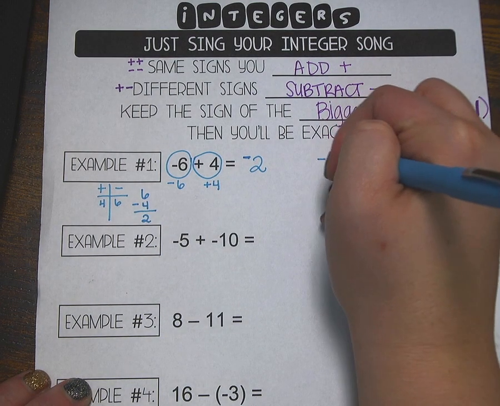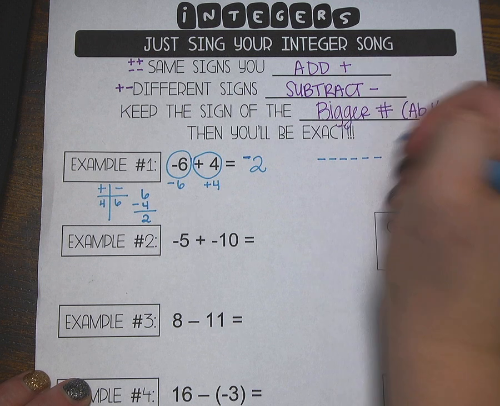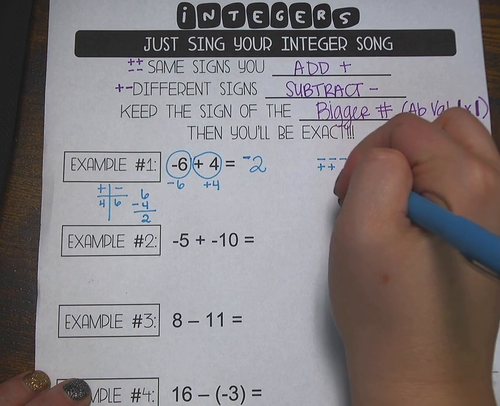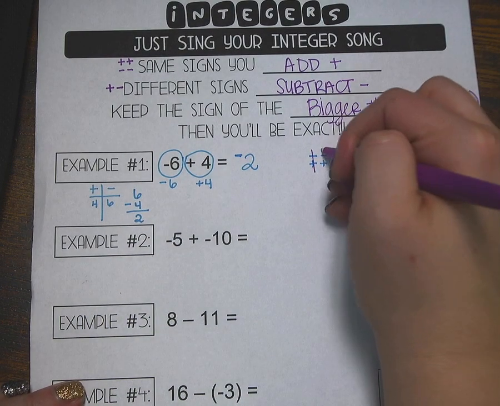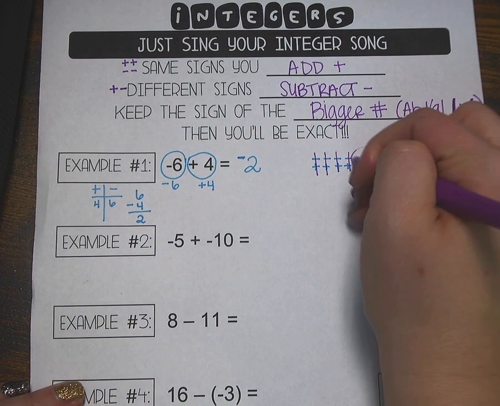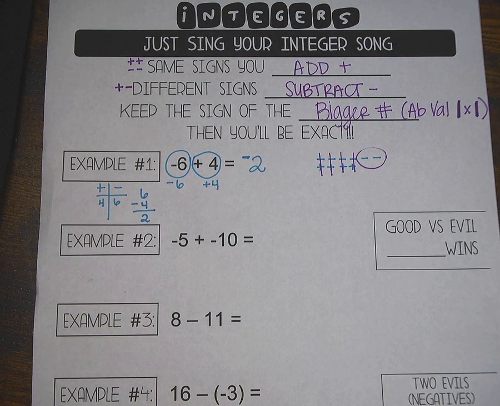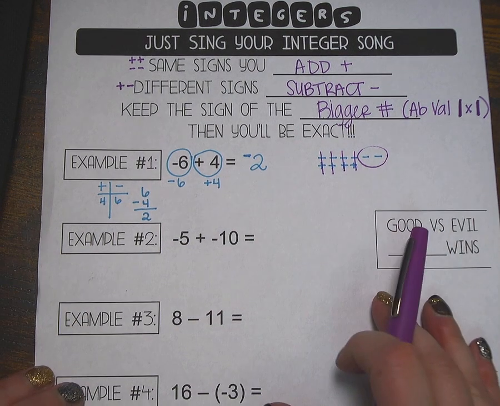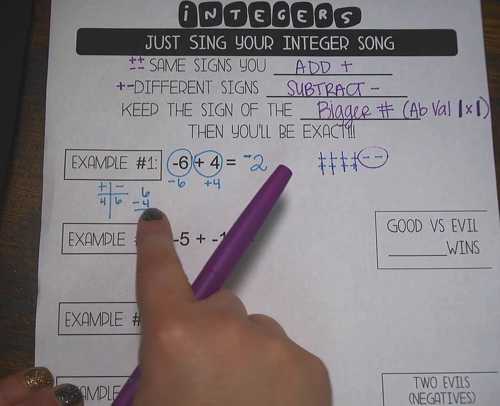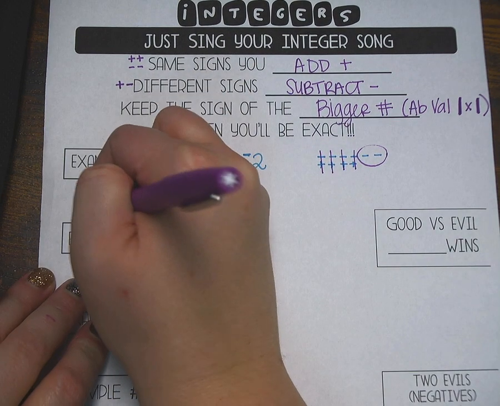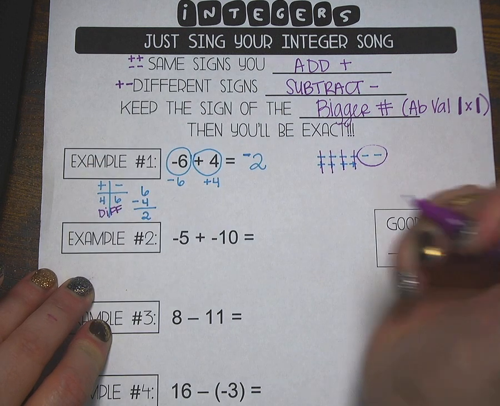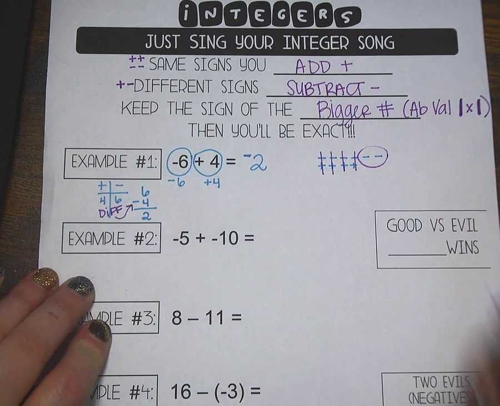So -6 and +4, and then we make our zero pairs, and we can see what's left over, -2. So I have proven my answer lots of ways. I had my table, I showed my work. Remember these are different signs. They were on different sides of our table, and so that is why we subtracted.